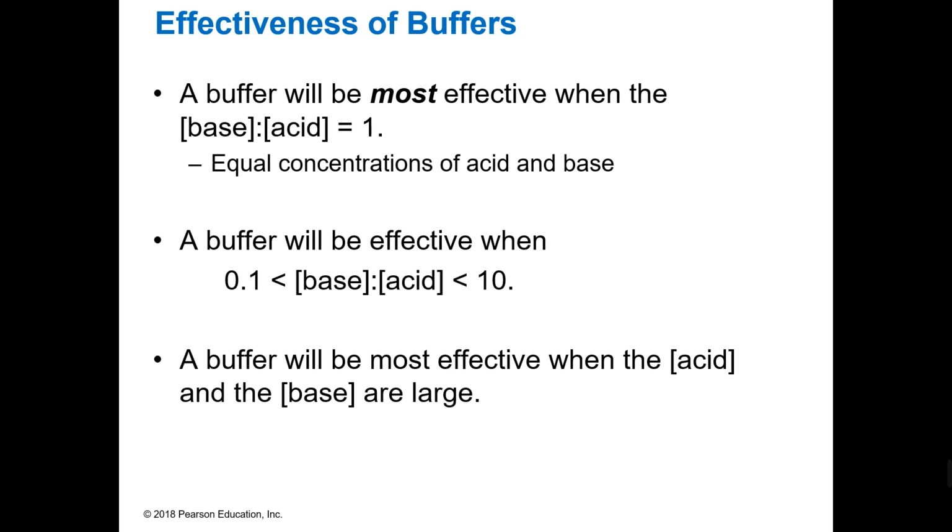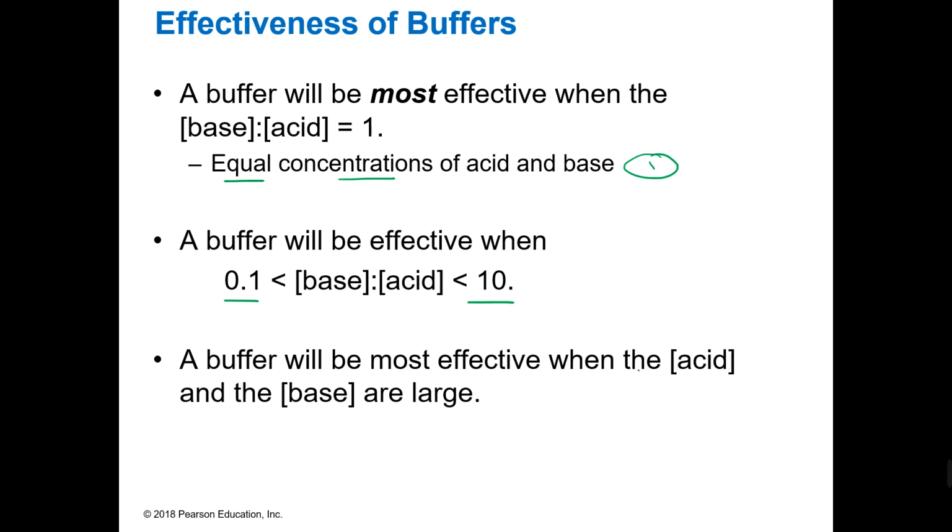So when will they be most effective? First and foremost, equal concentrations. That's number one. Number two, when you don't have more than a 0.1 to 10 ratio of base versus acid. So that ratio is important.